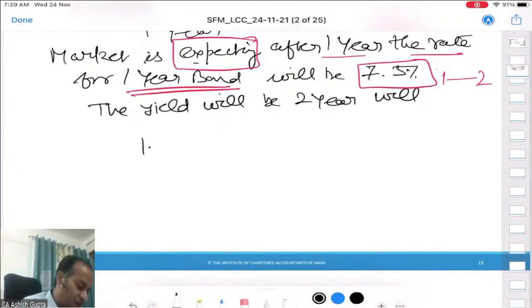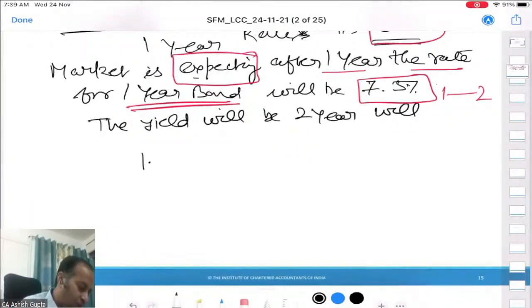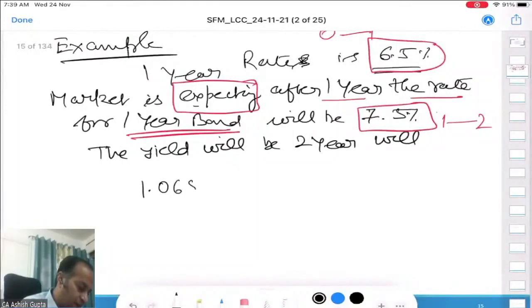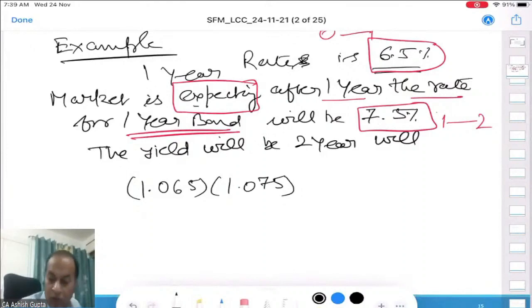The yield can be computed by geometric mean like that. 1 point... into... Okay, student.